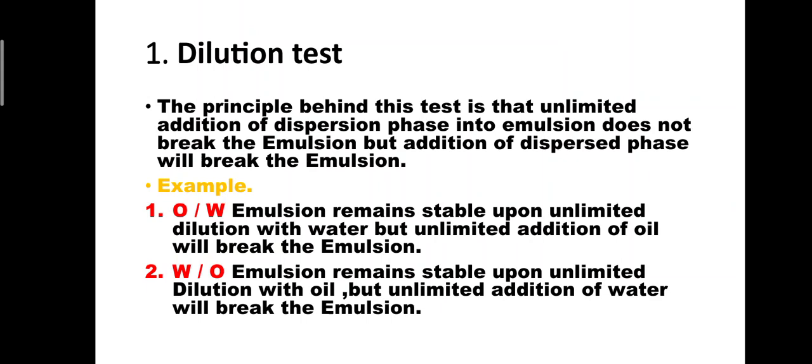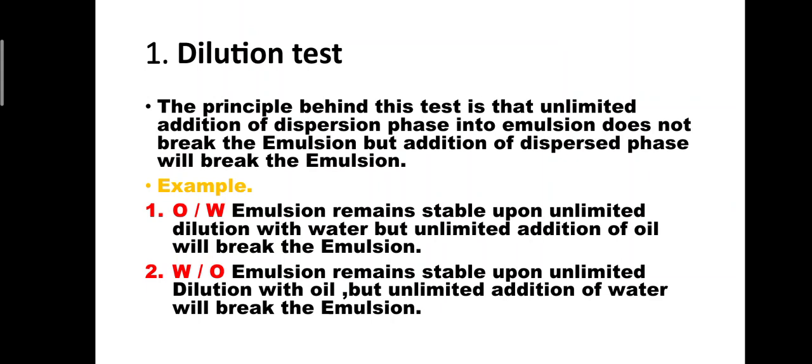Example, in O/W, oil in water, the emulsion remains stable upon unlimited dilution with water, but unlimited addition of oil will break the emulsion, because in O/W, water is the dispersion medium. However many times we add water, there is no disturbance or break in the emulsion. That means it is an oil in water type of emulsion.